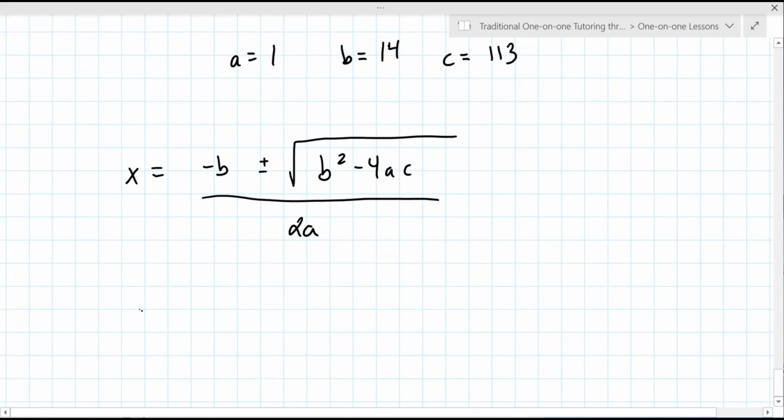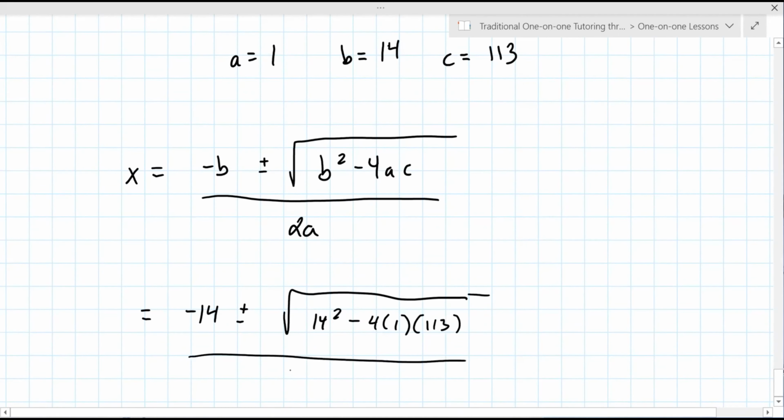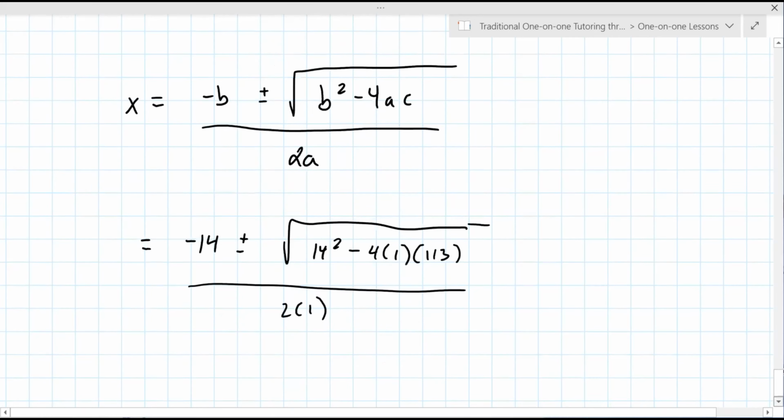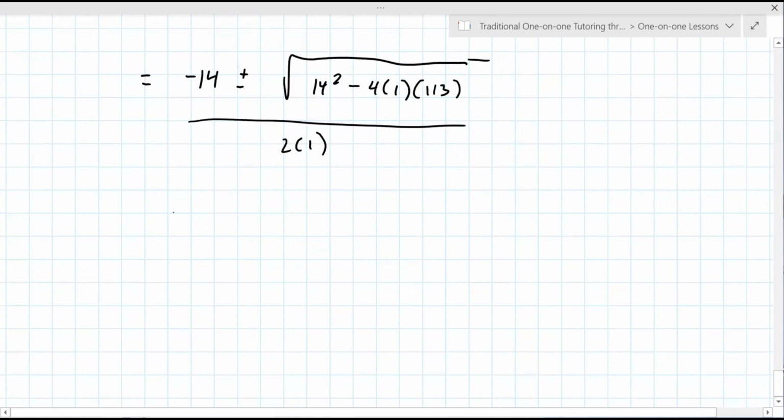Right. Okay, so it's minus 14 plus or minus the square root of 14 squared minus 4 times 1 times 113, all over 2 times 1. And now it's just a matter of simplifying. It's not great, but 14 squared is 196. 4 times 113 is 452.